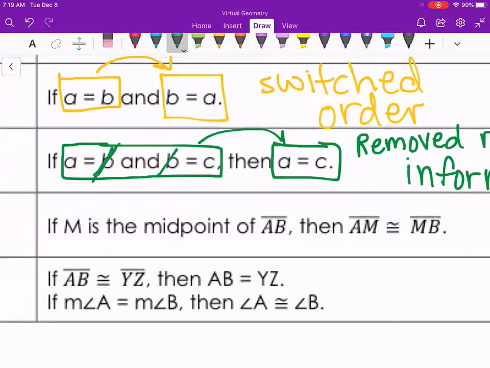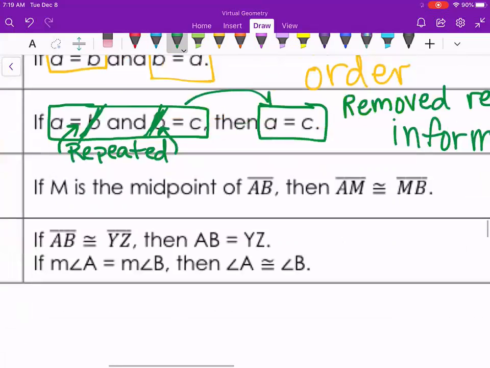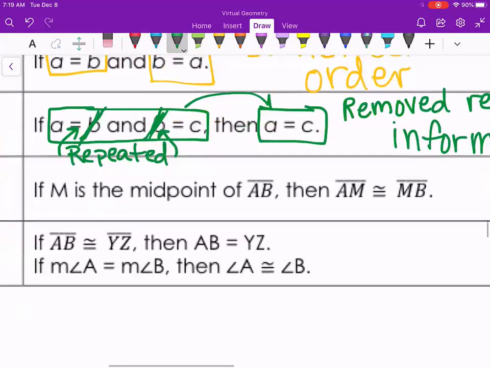And that's why these are marked out, because it is repeated. Hence, we remove it.